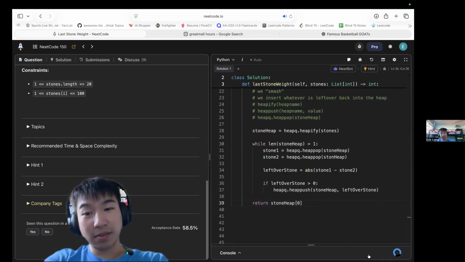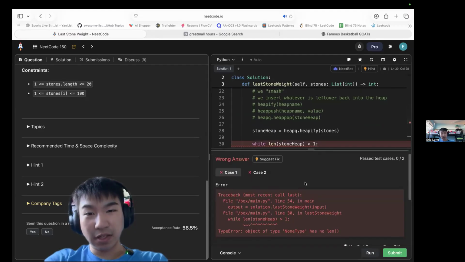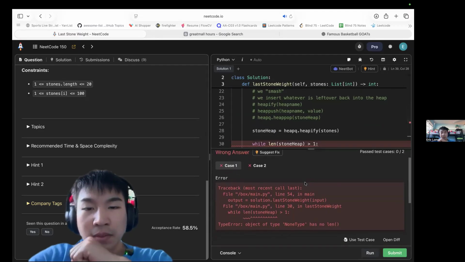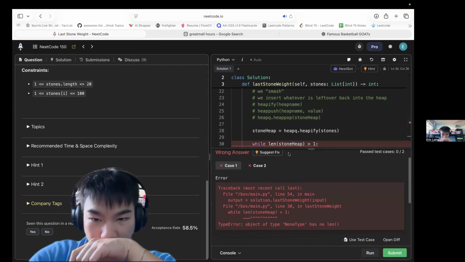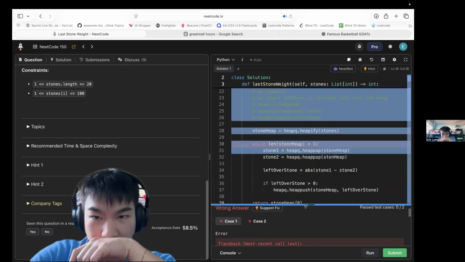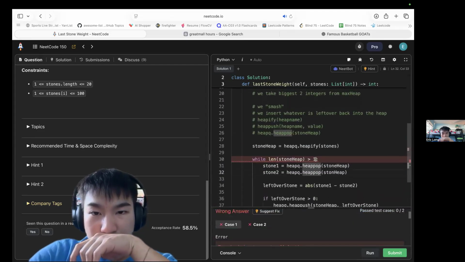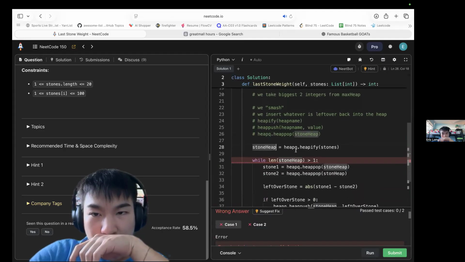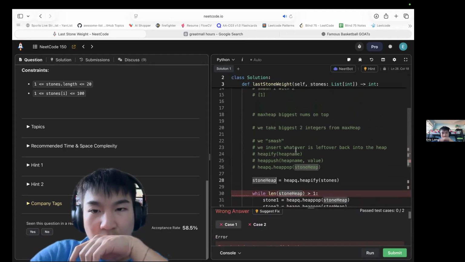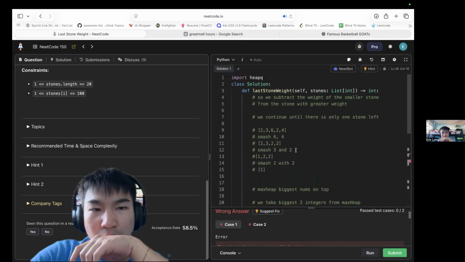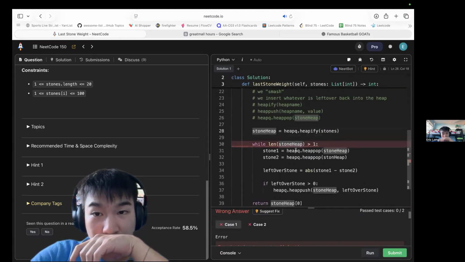Let's see if this works. And we run into an error. Length of stone heap has no length. We can't get the length of a heap.